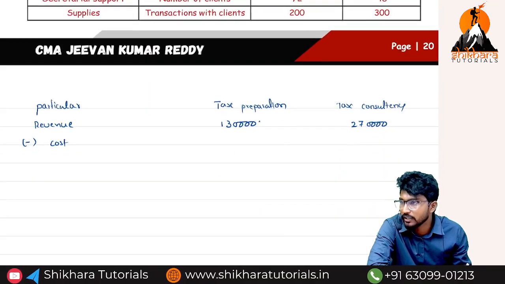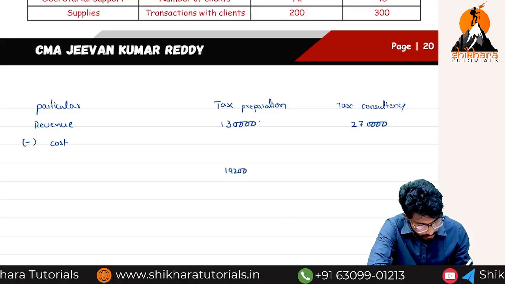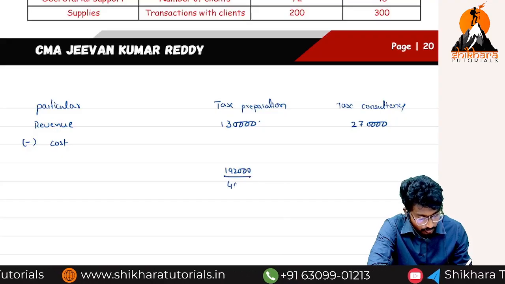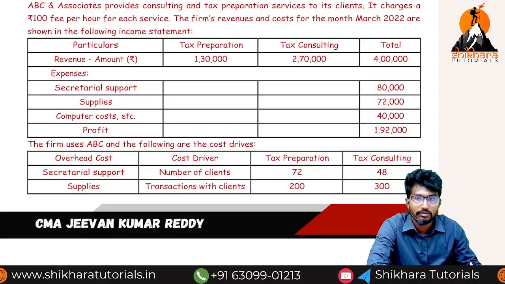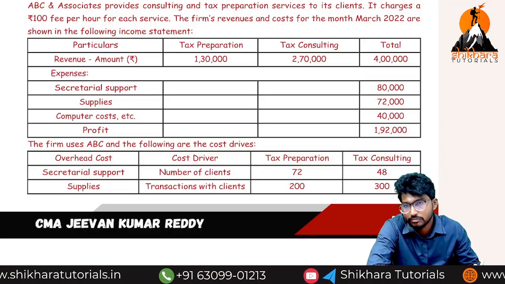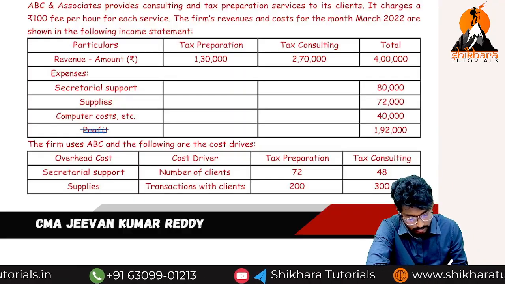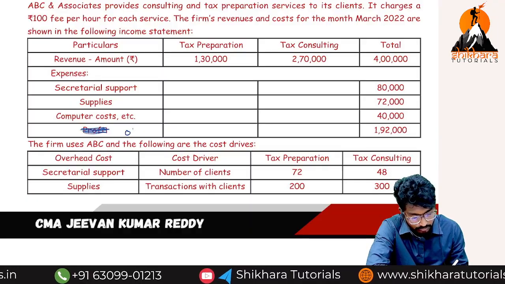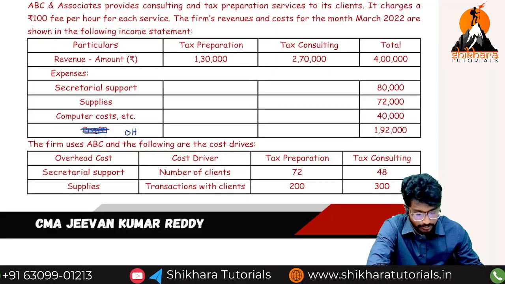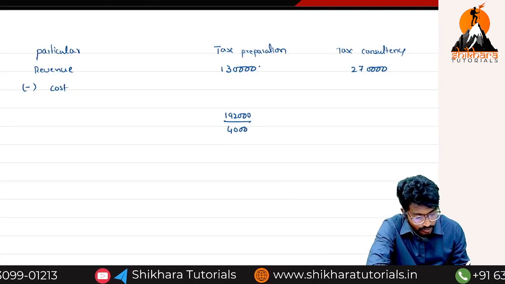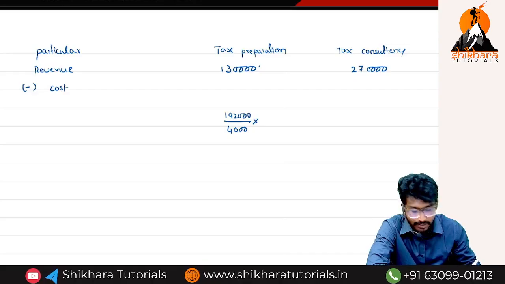We are going to segregate according to labor hours. 1,92,000 divided by 4,000 into, we used how many hours for tax preparation? 1,300.